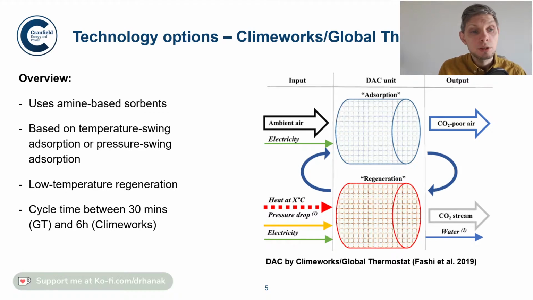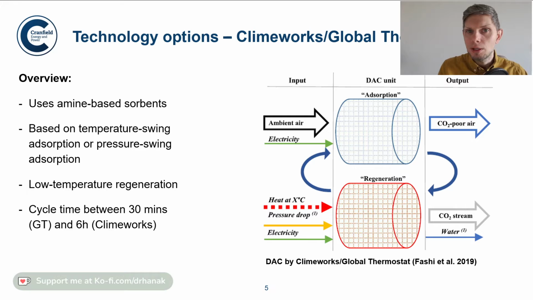So you can use either temperature swing or pressure swing adsorption in this case. The temperature is much lower, I guess about 80 to 100 degrees Celsius. So you can use some waste heat where it's available. In the Climeworks demonstration Orca in Iceland, they use geothermal energy to regenerate sorbent.